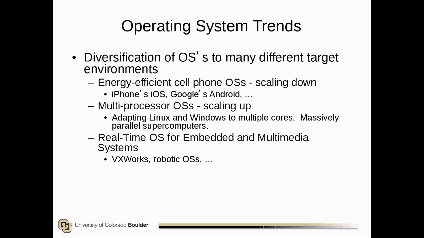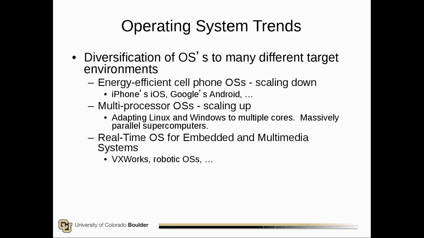We're also seeing a diversification of OSs to many different target environments. Mobile is probably one of the most important markets. The OS has to ensure efficient operation as well as being fast in this space. We've got multi-processors and massively parallel supercomputers, with parallelism becoming more and more important.